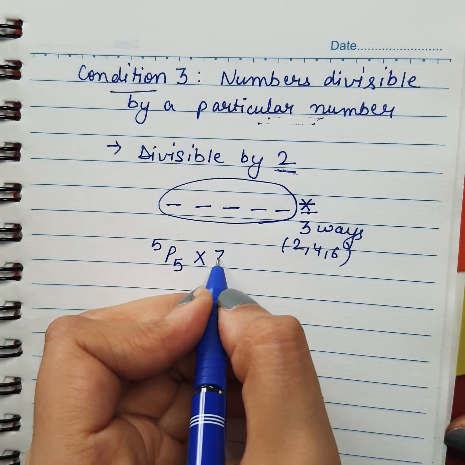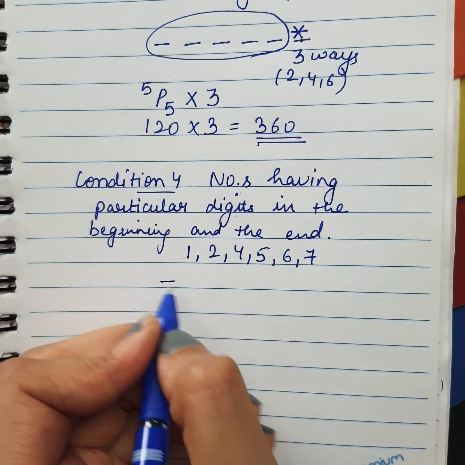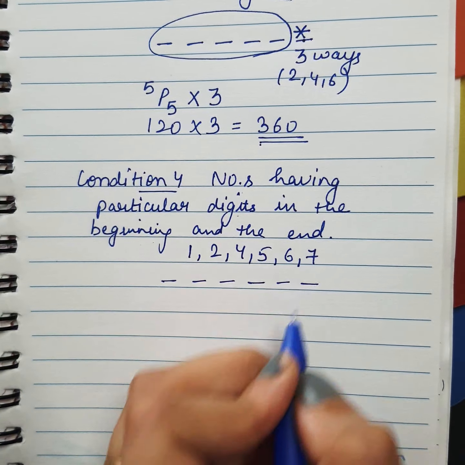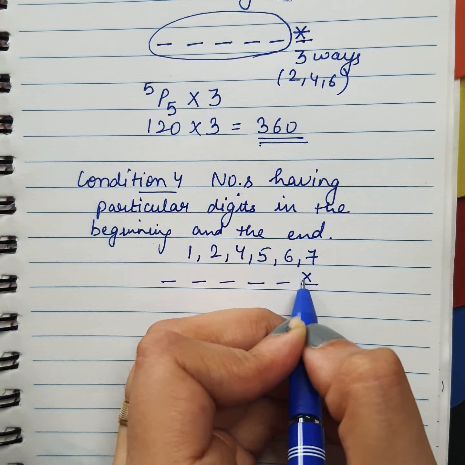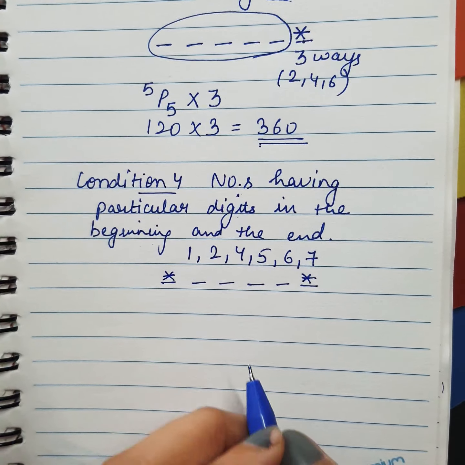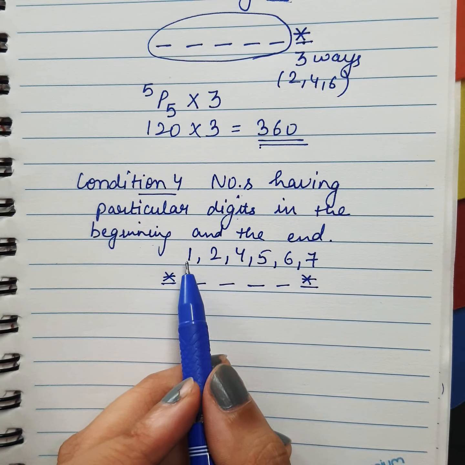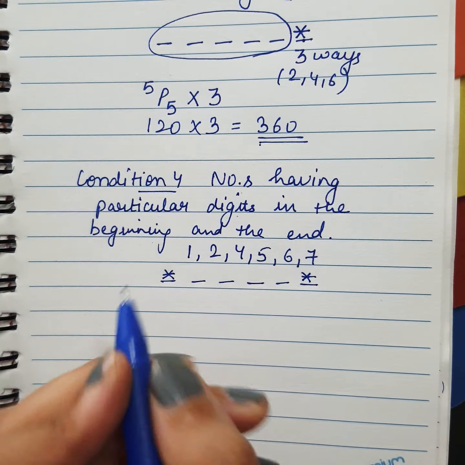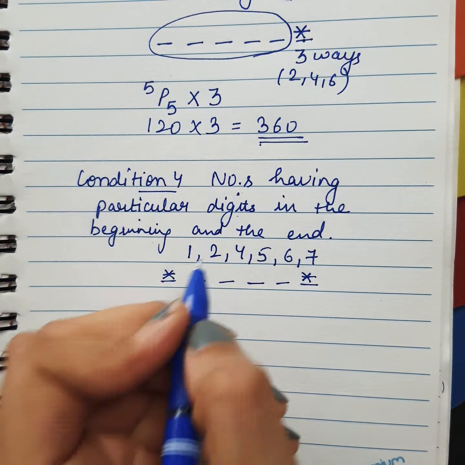Next condition, numbers having particular digits in the beginning and the end. So out of the 6 places that I have to fill, the first and last places are fixed. Suppose I am fixing the numbers 1 and 5: 1 in the beginning and 5 in the end. So this can be filled in one way, and this also can be filled in exactly one way.